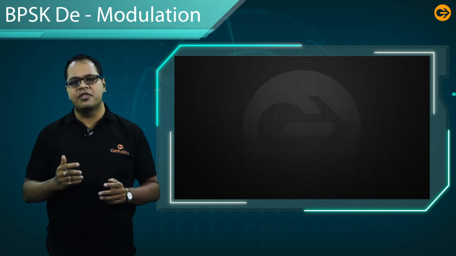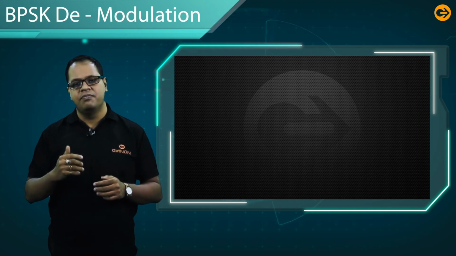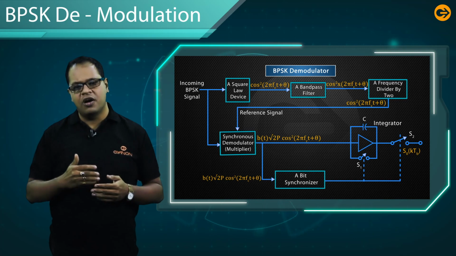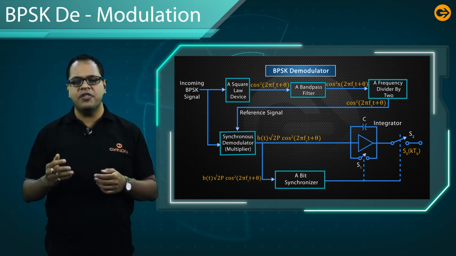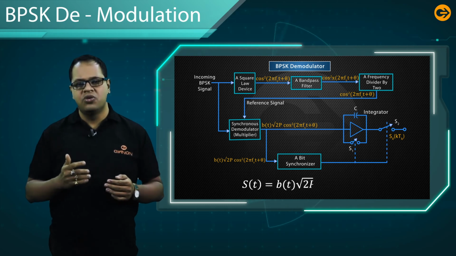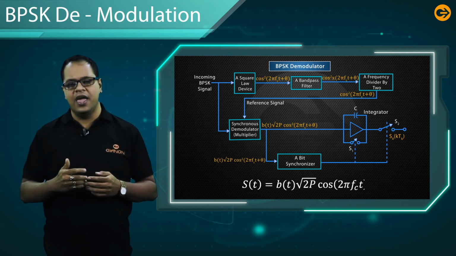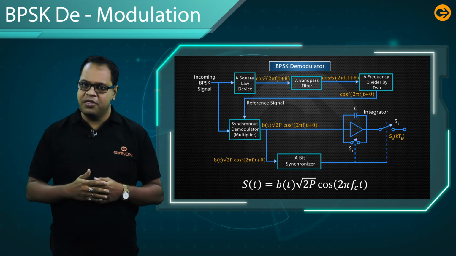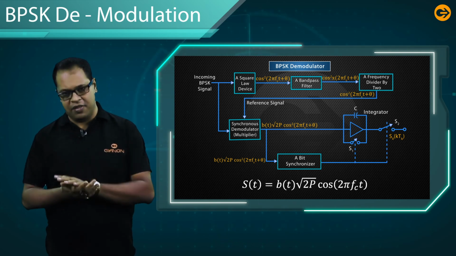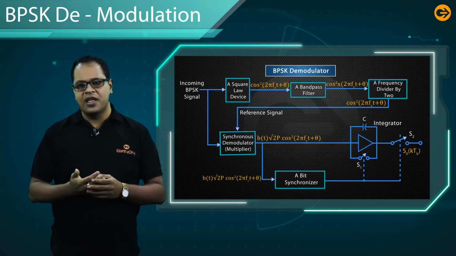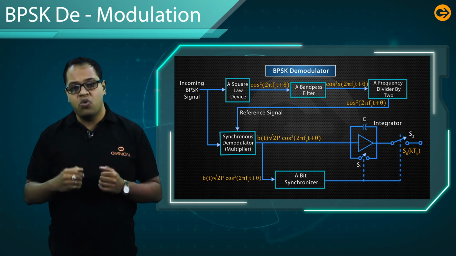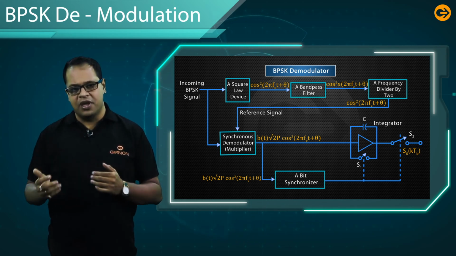We have already discussed the transmitter of the BPSK. Today we are going to discuss the receiver of the BPSK. The BPSK signal is given by s(t) = b(t) root 2P cos 2π fc t, where fc is the frequency of the carrier and P is the power of the message signal. After that, it is passed through a square law device, which will square the signal.